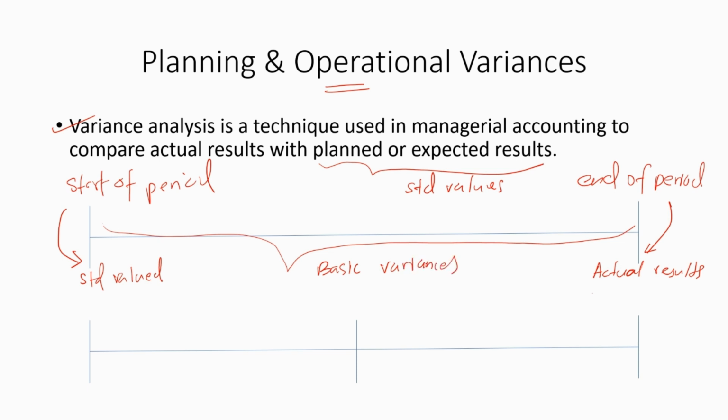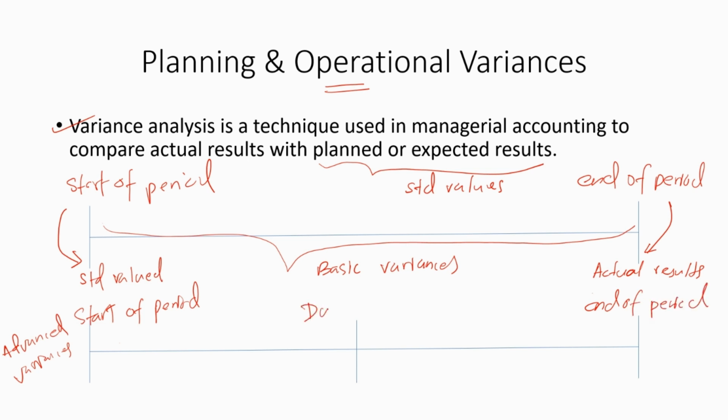Now we are going to move one step further, which is advanced variances. So this is the start of the budgeted period and this is the end of the budgetary period.